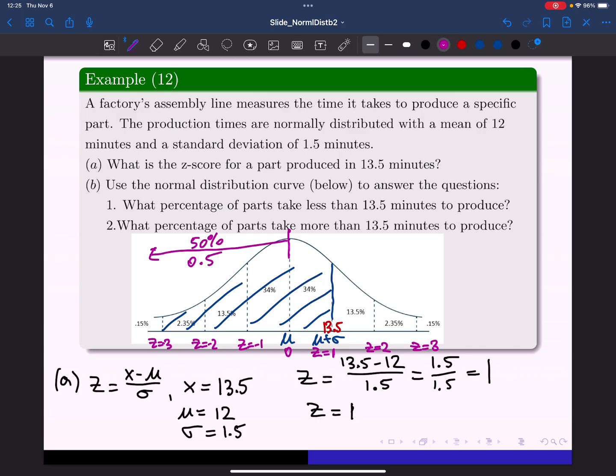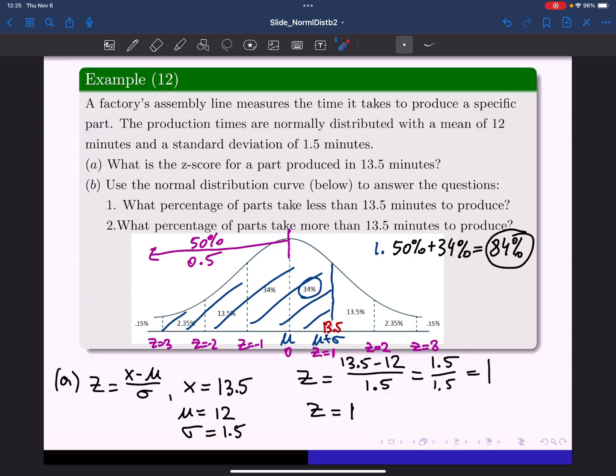So to answer question 1, the percentage of parts that takes less than 13.5 minutes to produce is 50% plus 34%. This gives me 84%.